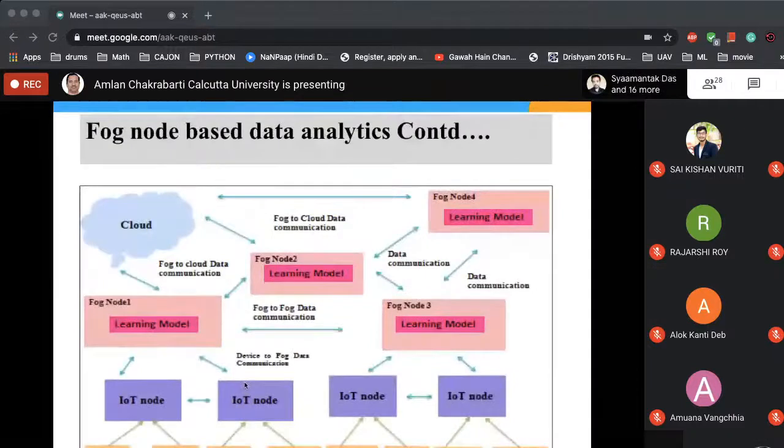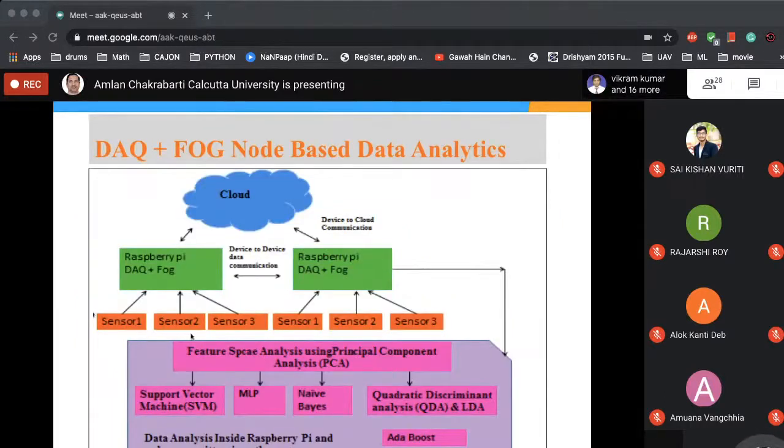I'm not going into details of all this, and this is the way you can deploy the learning models, which work hand in hand with the data you communicate with each of the layers. So these are the standard techniques you can build up.